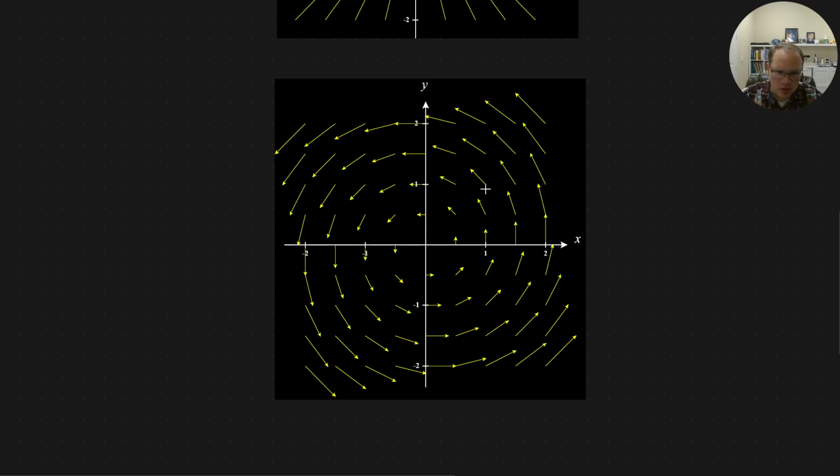This one's a little trickier. Looking at this point, we have some things flowing in. And then we have some things flowing out. And let me change the length on a few of these.